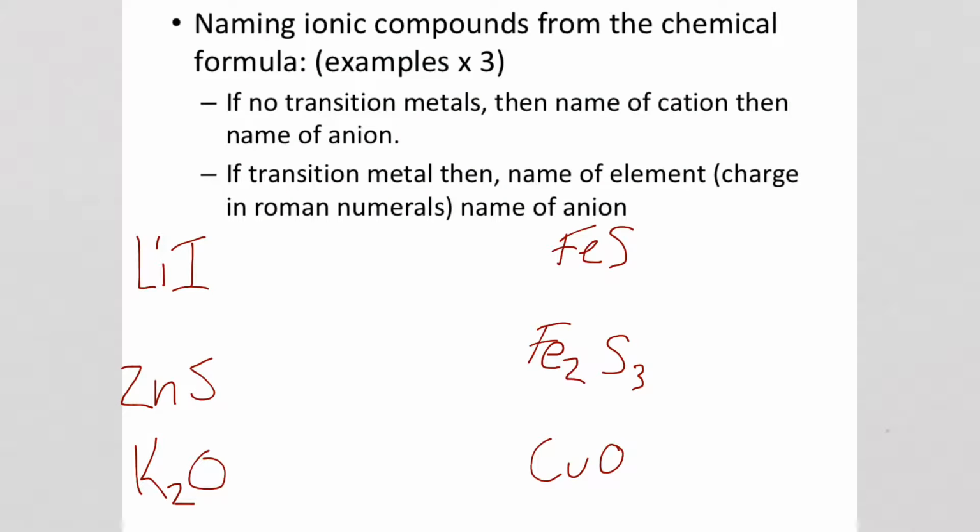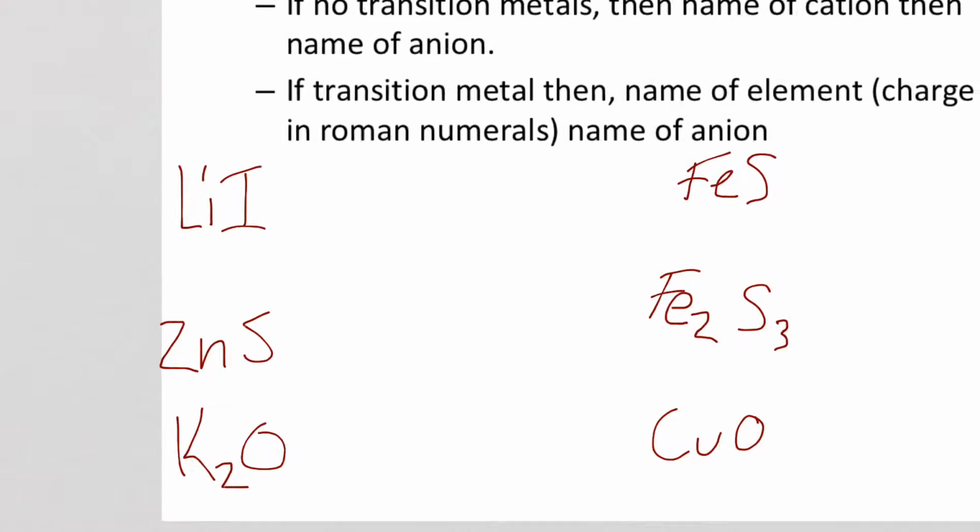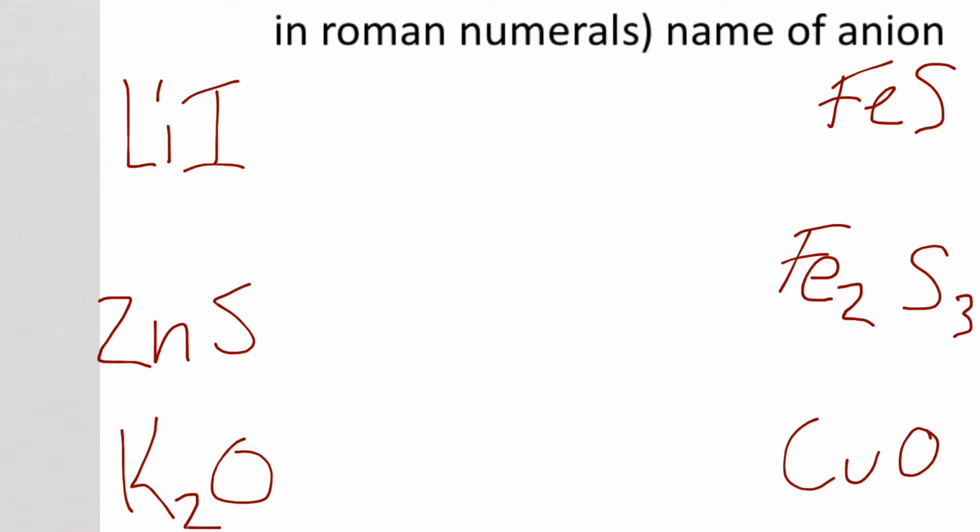Alright, let's take a look at going from a chemical formula to a name now. If we have no transition metals that have different charges, it's very simply put the cation then the anion. So for example, these are both elements, none of them transition metals, so we have lithium, and then iodine becomes iodide.